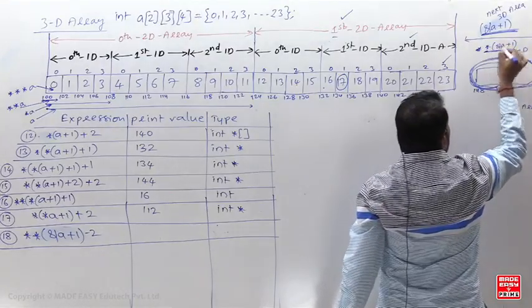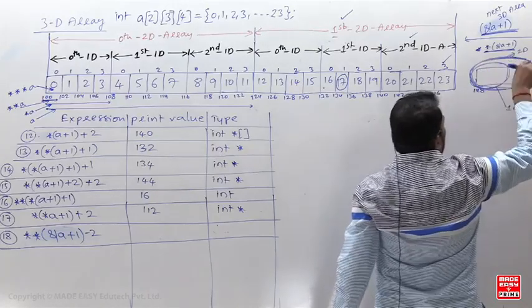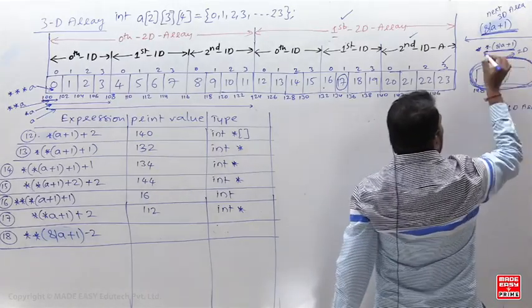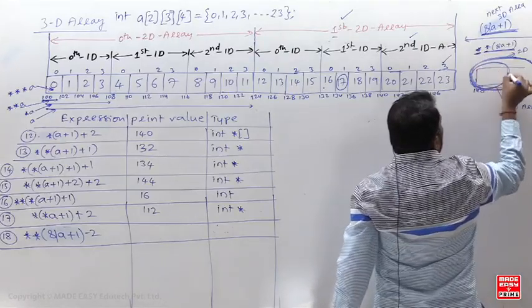Ampersand A plus 1, star, whole star, the second 2D array, pointing to the 0th 2D array. If I apply one more star, now it is pointing to the 1D array.